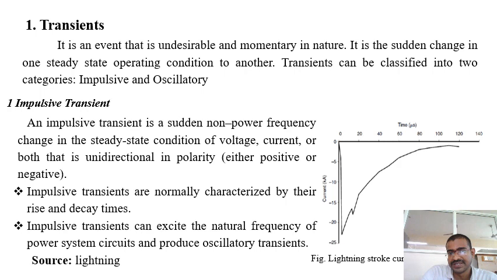Impulsive transients are normally characterized by their rise and decay times. These impulsive transients can excite the natural frequency of power system circuits and produce oscillatory transients. The source of these impulsive transients is lightning, and the characteristic waveform of impulsive transients is shown in the figure.